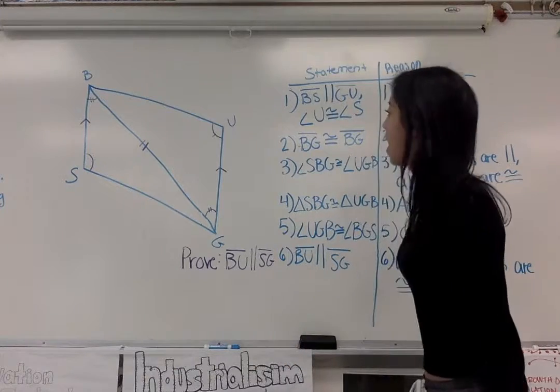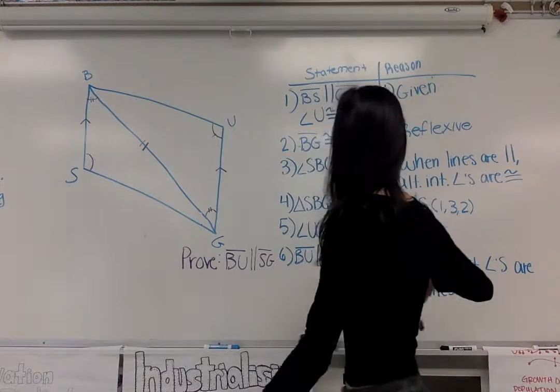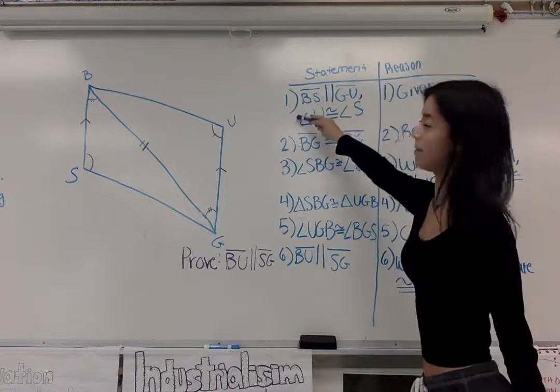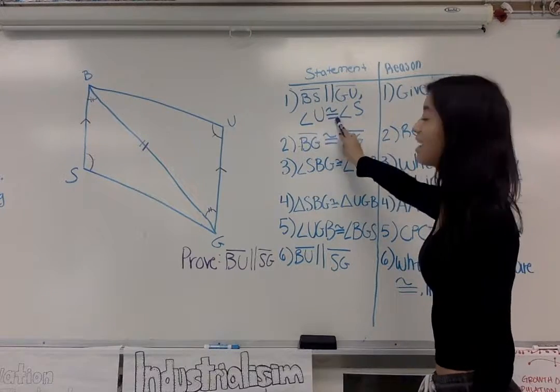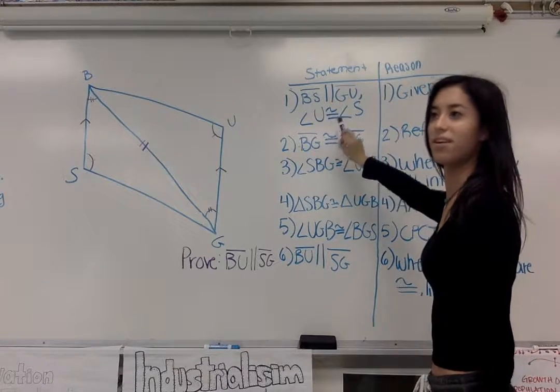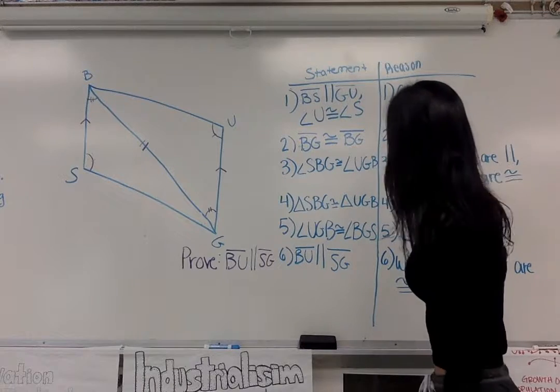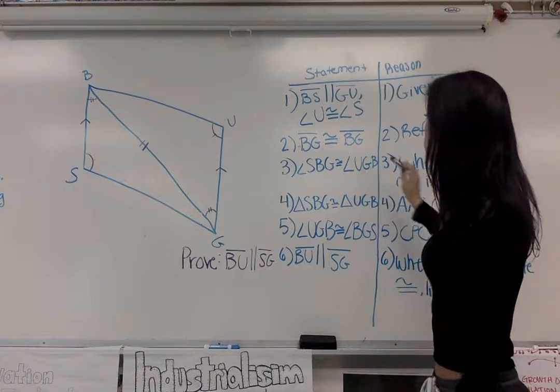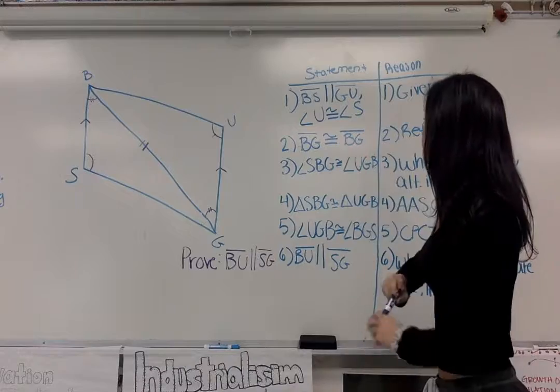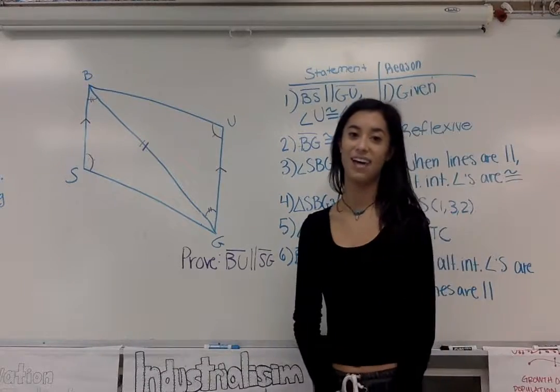So, angle 1 first. The first statement shows us the first angle that can be used to support our argument. Then 3 is the second angle, and 2 has our side for AAS.